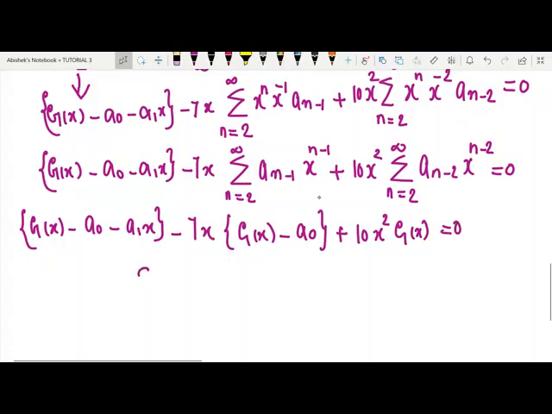Here we are given that a naught equals 10, a1 equals 41.